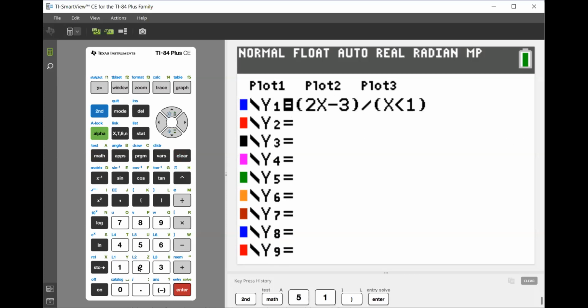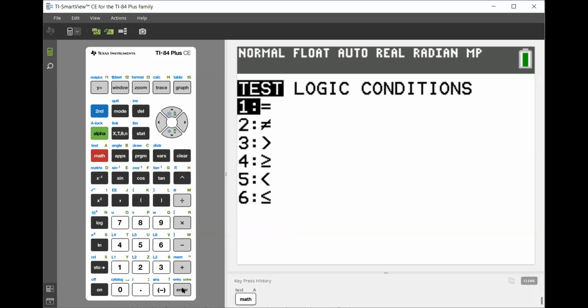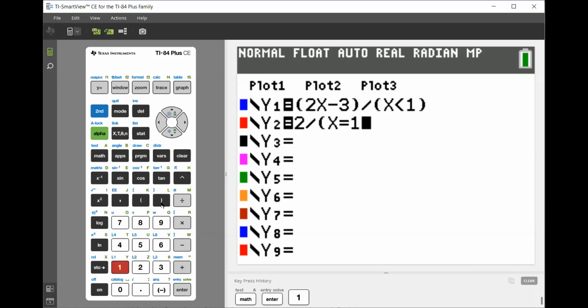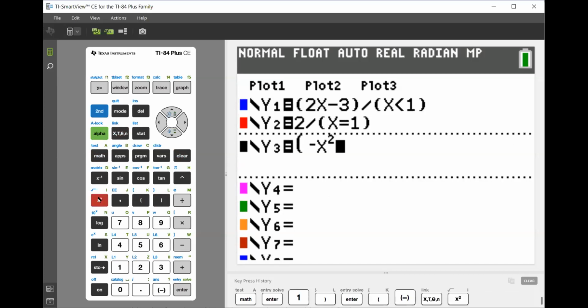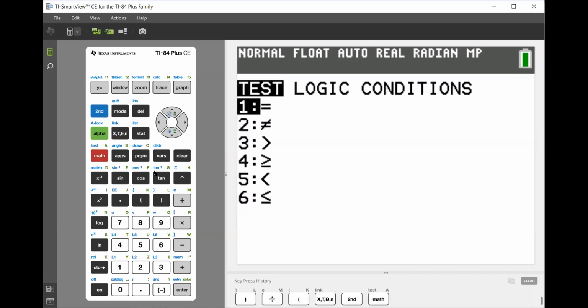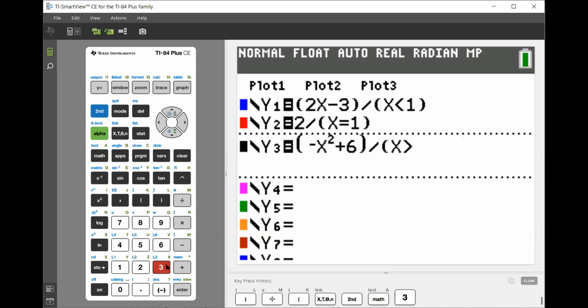All right, 2, you don't really need that in parentheses since it's just a number. 2, if x, now second math, the first item is equals, if x equals 1, and then y3 will be negative x squared plus 6, close the parentheses, divided by x, and then back to second math and grab the greater than symbol and 1.